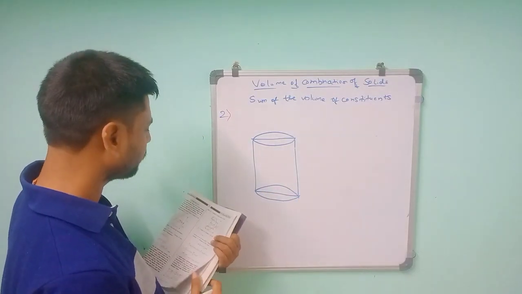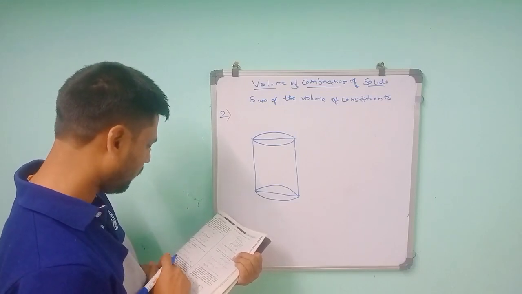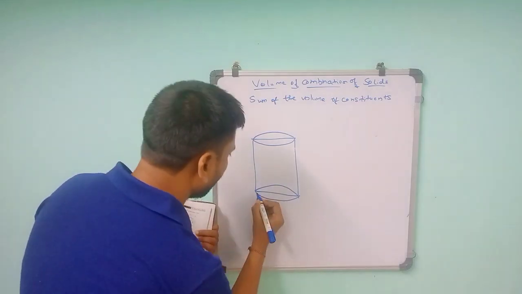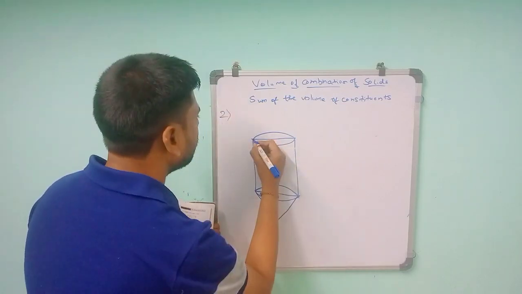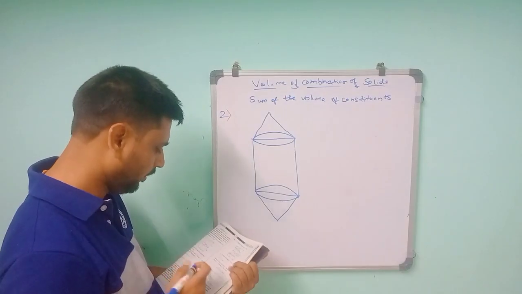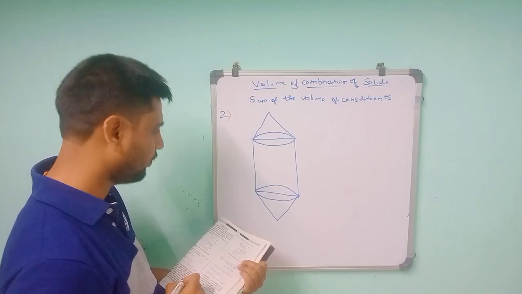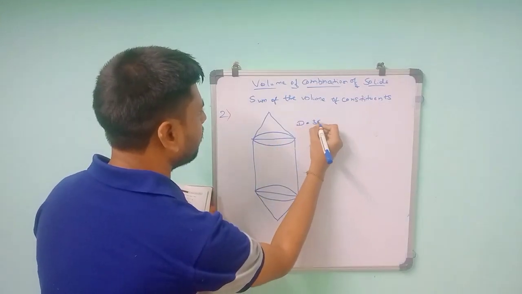In that, a model shaped like a cylinder with two cones attached at its two ends. At its two ends, two cones. So this is the cone and an upside-down cone. So two cones at the ends of that cylinder, made with aluminum sheet. The diameter of the model is 3 centimeter. So this is the diameter of the model, D equals 3 centimeter.